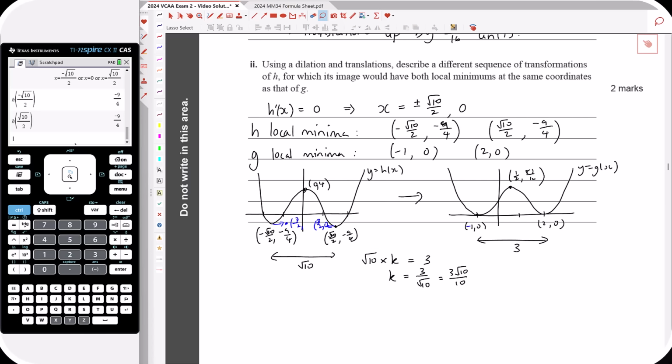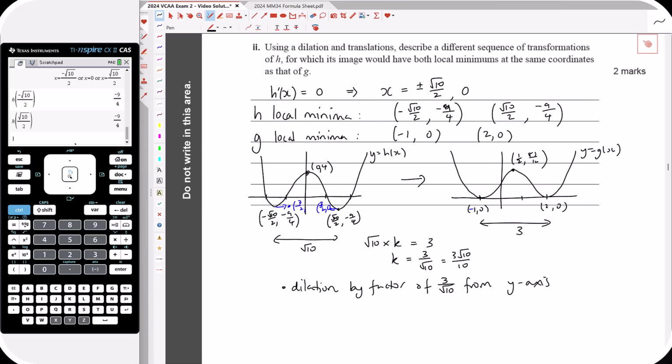And then obviously we need to shift up so that those turning points are on the x-axis. So let's list out what we've got here. So we've got dilation by a factor of 3 on root 10 from the y-axis. That's going to get the distance between those local minima correct. Then we're going to need to translate right.